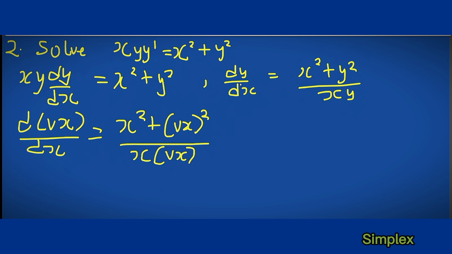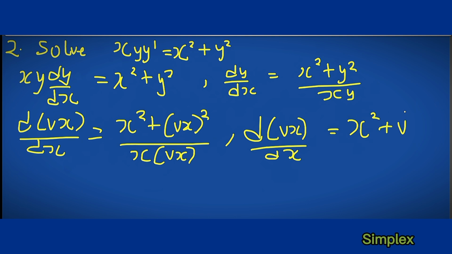Anywhere you see y, you substitute it for the value of vx. So going further, we have d(vx)/dx is equal to (x squared plus v squared x squared) over vx squared.